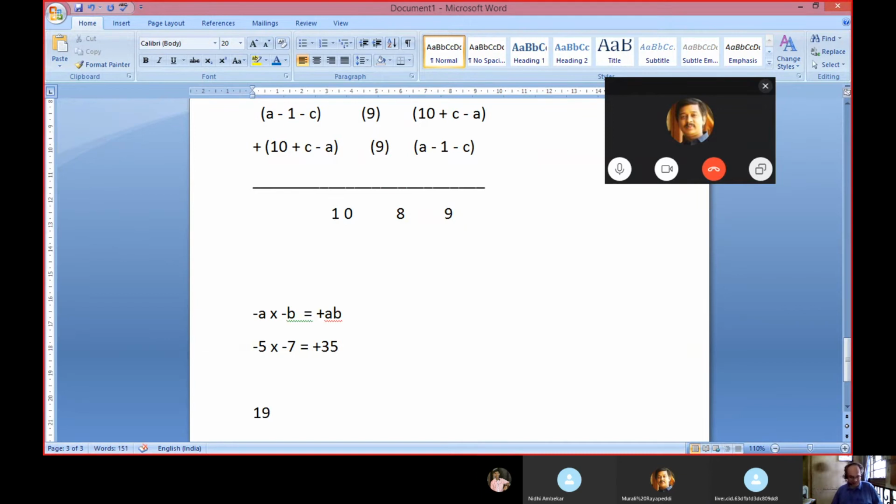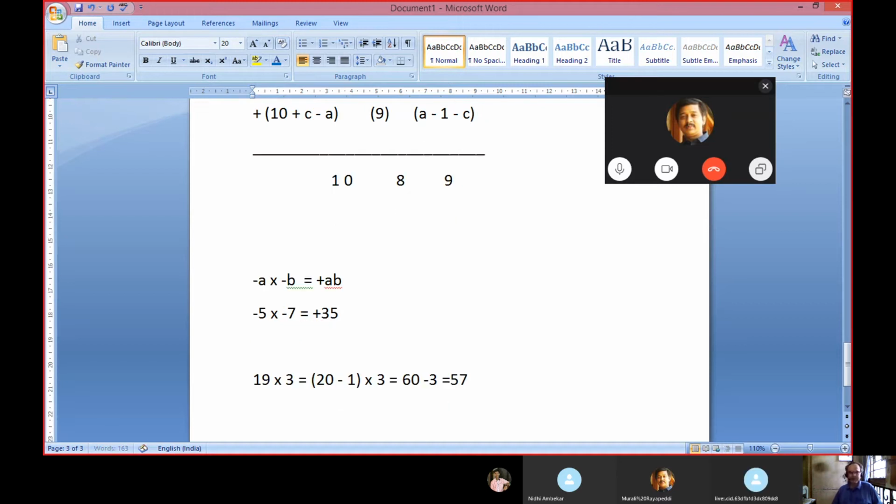Instead of calculating 19 times 3, I will do 20 minus 1 times 3. So I know 20 times 3 is 60, minus 3. So that gives me 57.